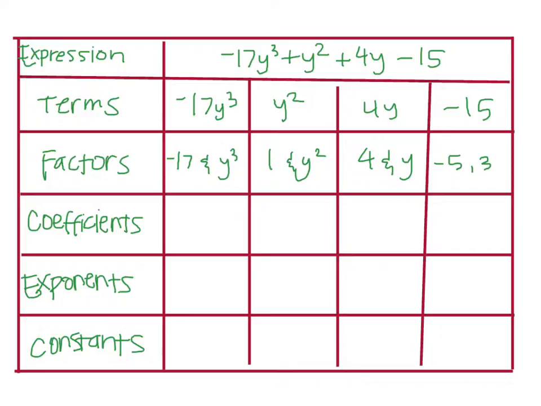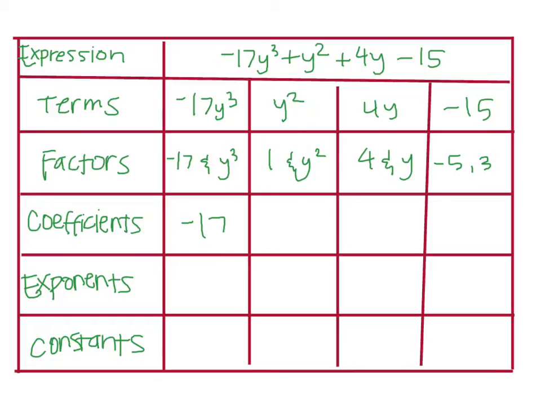Next, let's go on to coefficients. And if you take a look back at the first or second slide, you'll be reminded that coefficients are the number that's in front of the variable. So right here, my first term, negative 17y, my coefficient is that negative 17. When you look at your second term, it's just y squared.